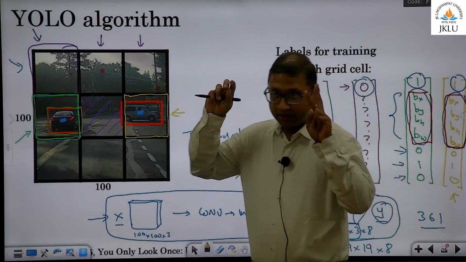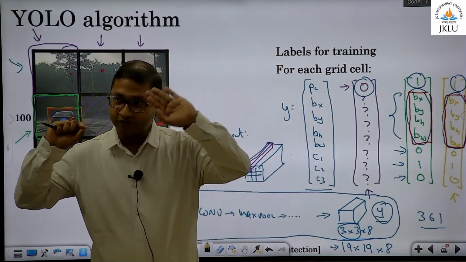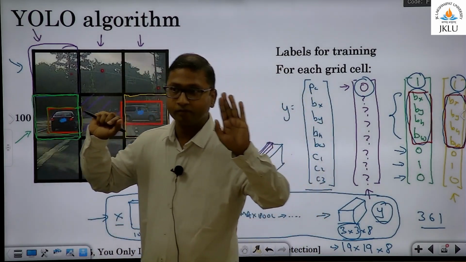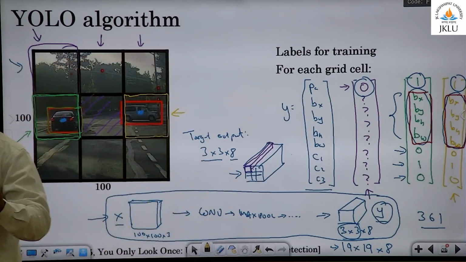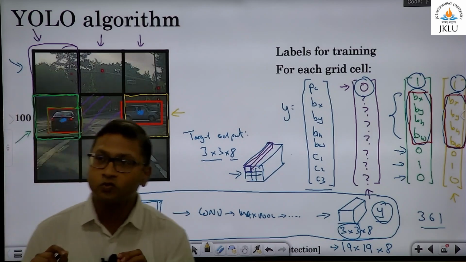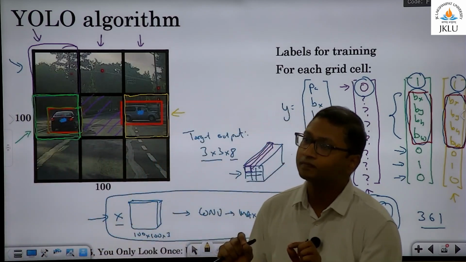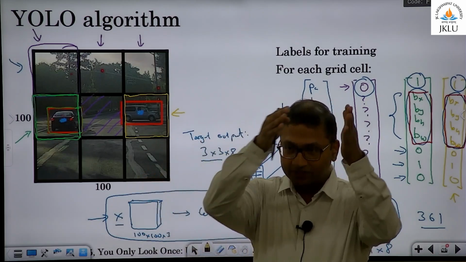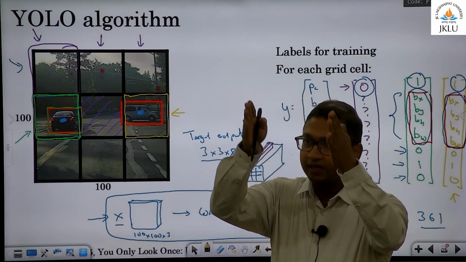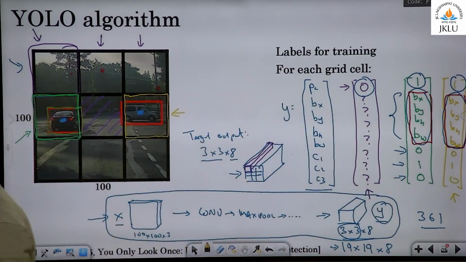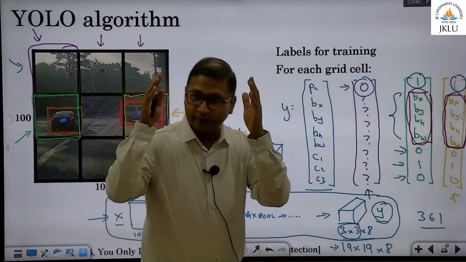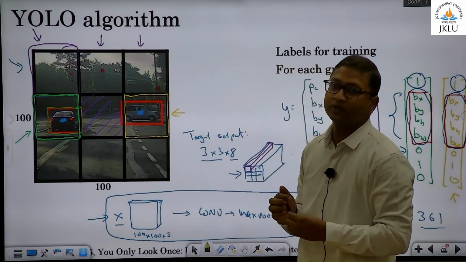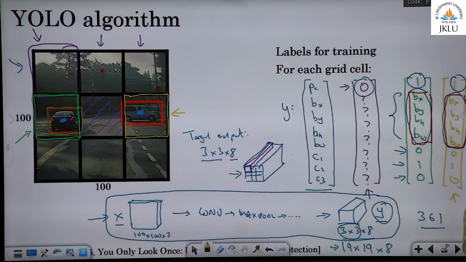So we did two algorithms. What was the first one? The first one was sliding windows, right? Sliding windows was just a classification problem. You were shifting that bounding box over the whole image in the hope that whenever there is an object, it will be detected in that window. What were the problems with that?